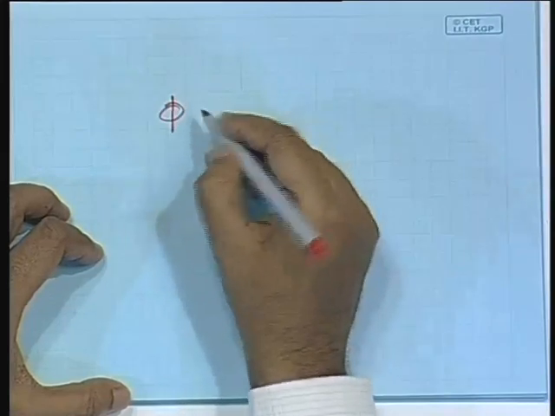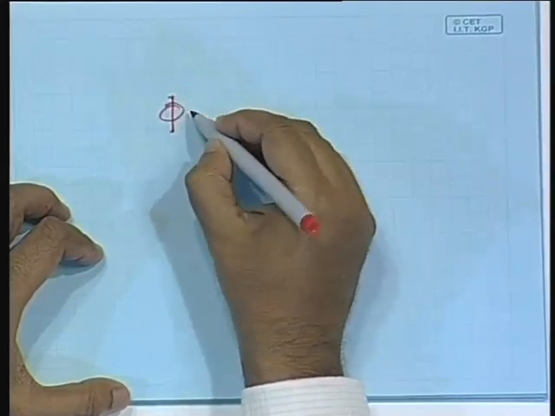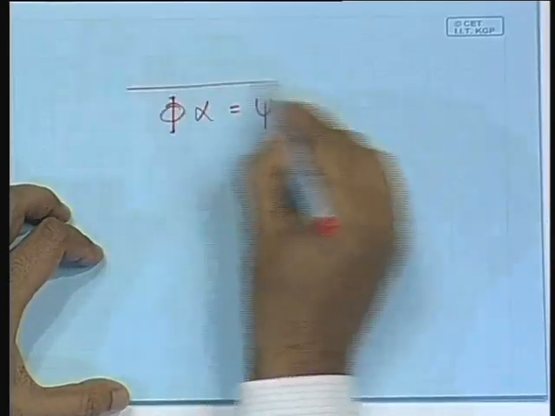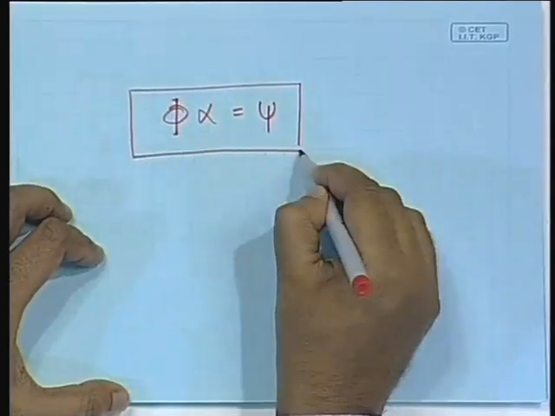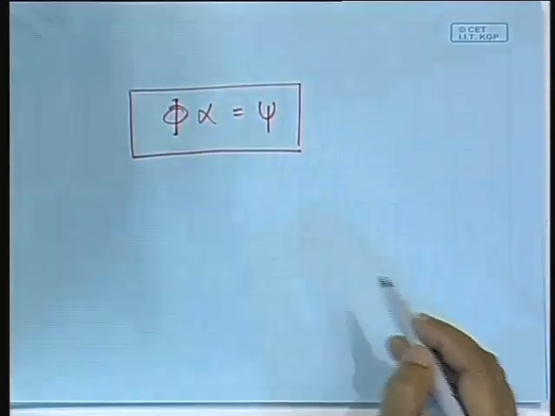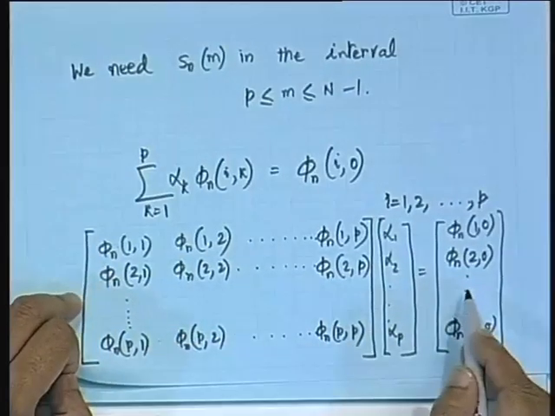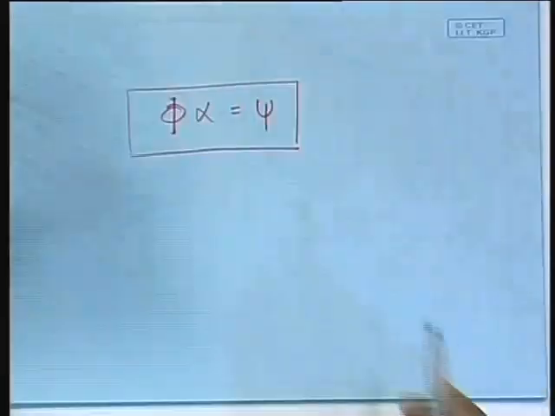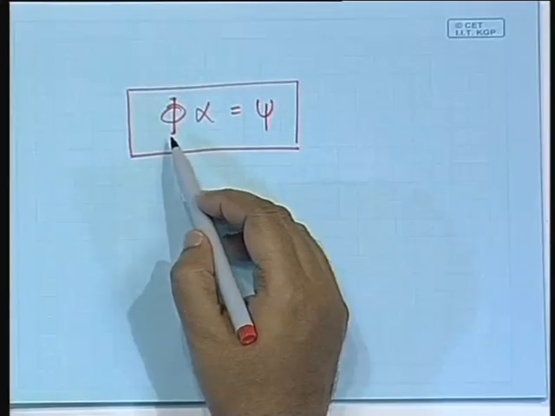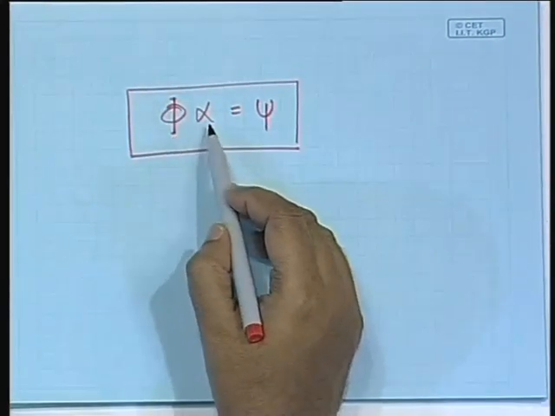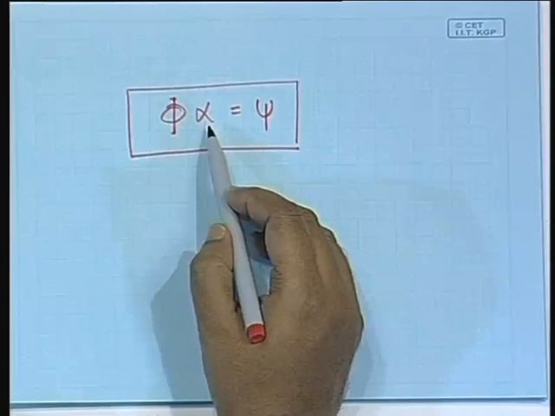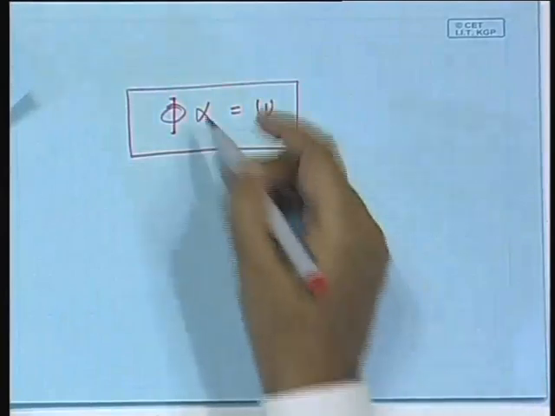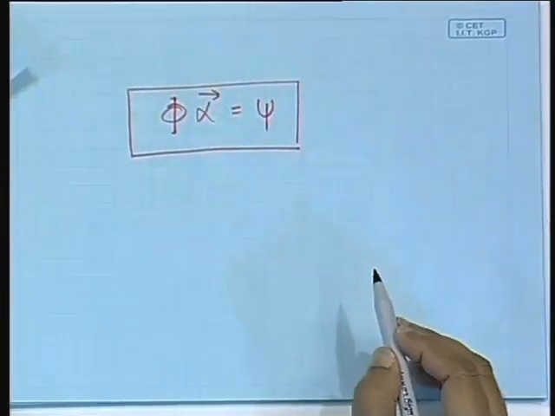So, this is phi times alpha is equal to psi. This is the matrix equation representation of what we have written down over here. Now, the only thing to notice is that what I write by phi is a phi matrix. This red alpha is nothing but alpha as a column vector, so I should better write this as an alpha vector.